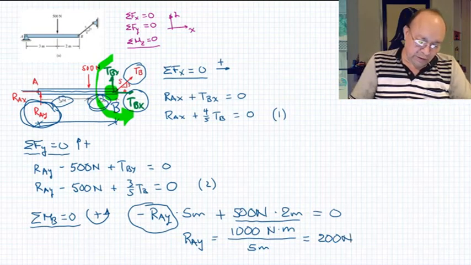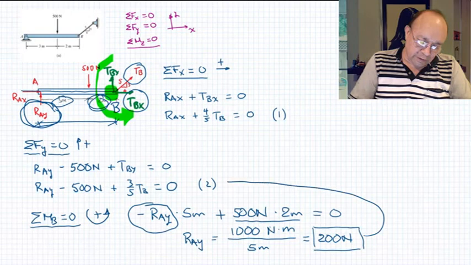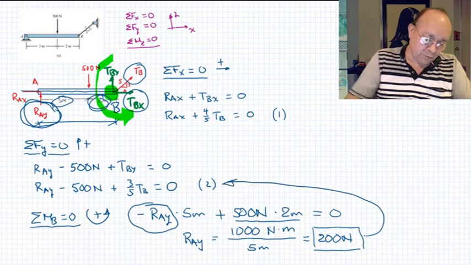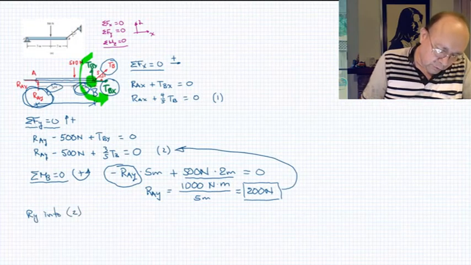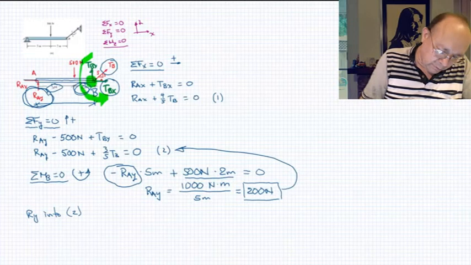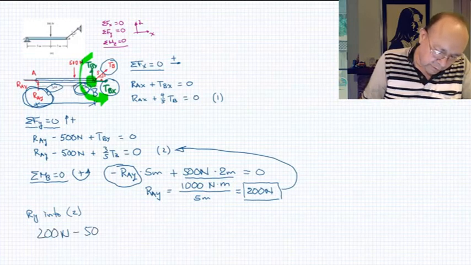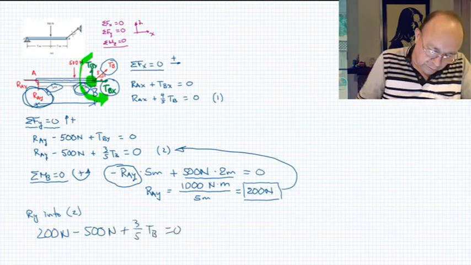So now, using this value that we just found, we can plug it into equation number 2. With RAY in equation 2, we will have 200 newtons minus 500 newtons plus 3 over 5 TB equals 0.